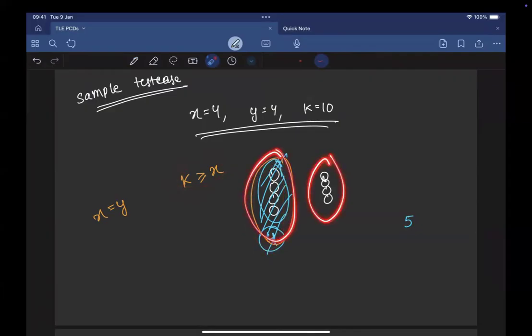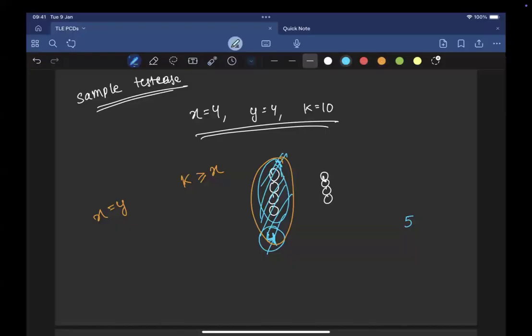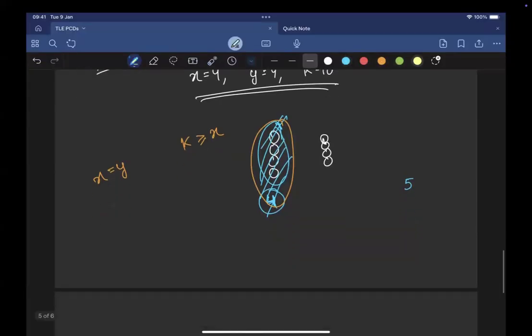And if you remove a complete pile and the other pile has the same size, Bob would not be able to win.